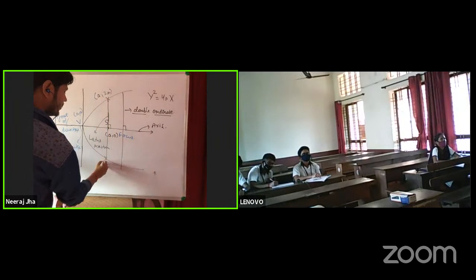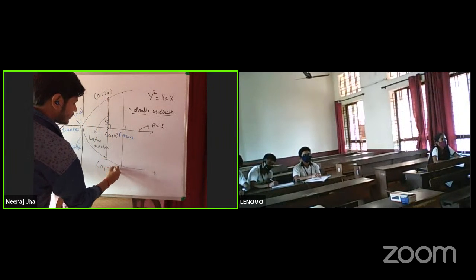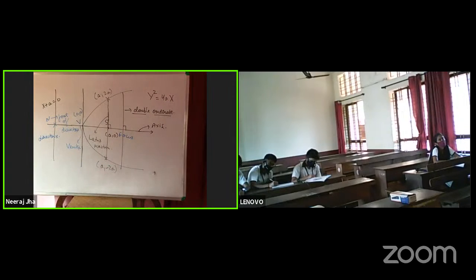This is a comma 2a, and this is a comma minus 2a. These all are the basic points in a parabola. You can draw this figure, and then I'll show you this figure again and we will write each and everything. Draw this figure in your copy, please, everyone.